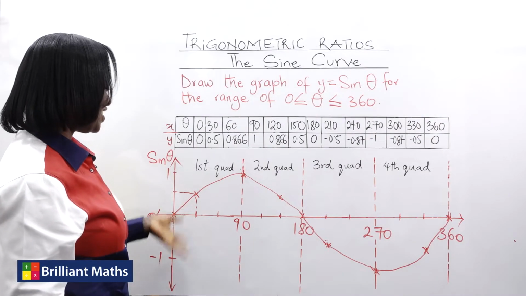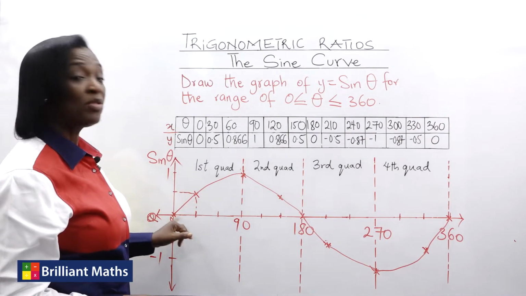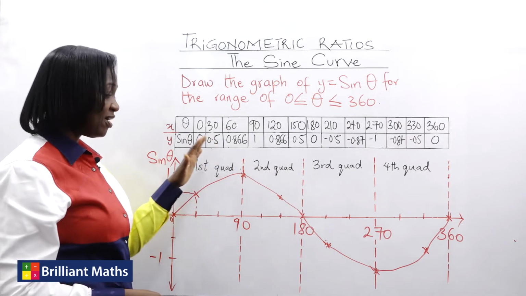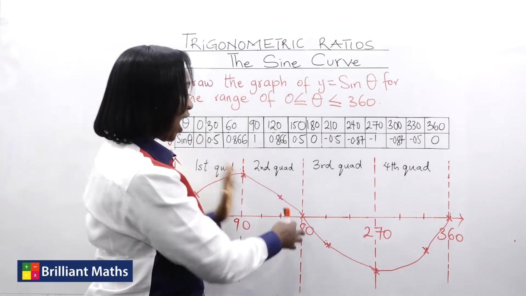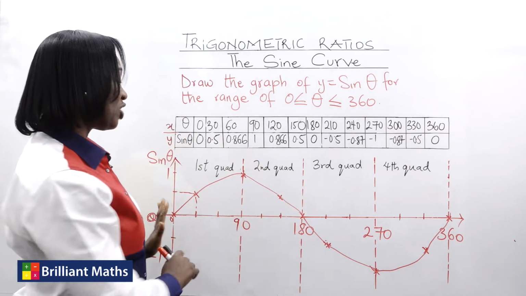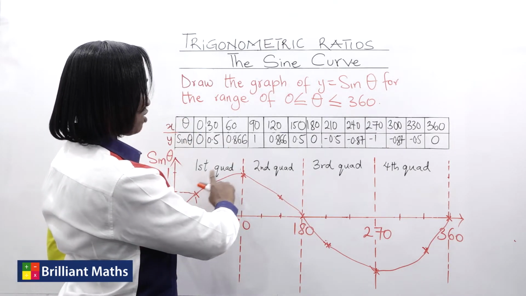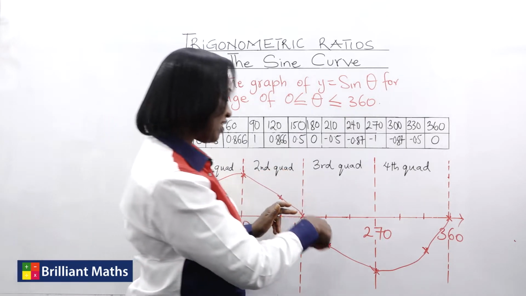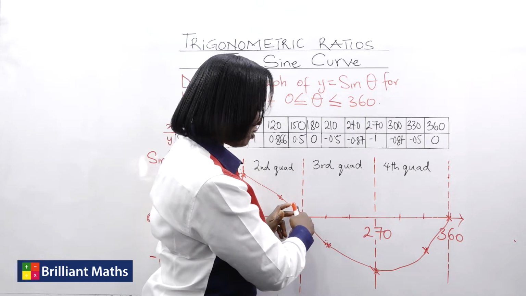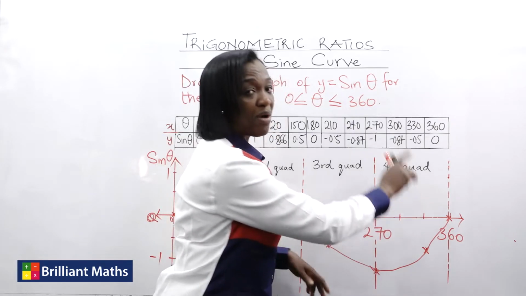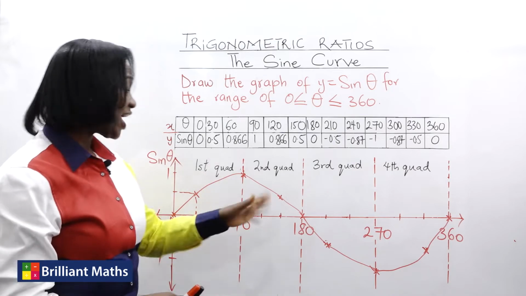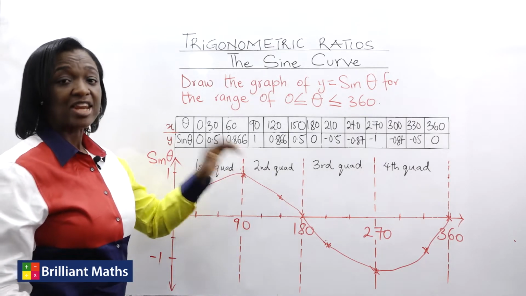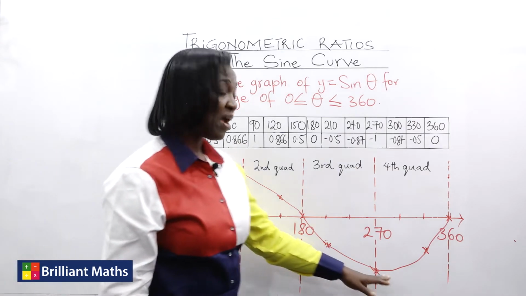As you can see, the sine curve starts from 0, goes up to positive 1, which is the highest point on the curve, and then it begins to descend. After 180 degrees, it has gone from 0 to 1 and back to 0. And then it descends into the negative axis, where we have from 0 to minus 1 and then back to 0. So the highest point on the sine curve is 1, and the lowest point is minus 1.